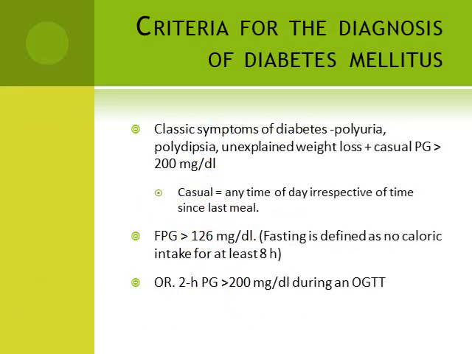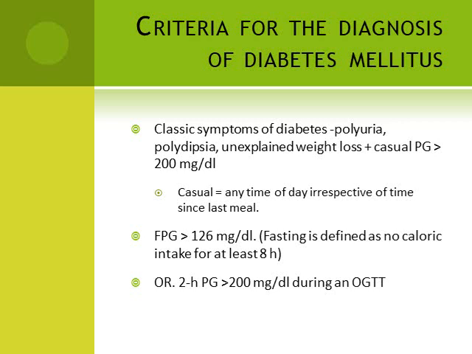Now we come to the diagnosis of diabetes mellitus. The diagnosis of diabetes is made when the patient presents with classical symptoms, that is polyuria, polydipsia, unexplained weight loss, and upon checking his blood glucose casually, the levels are beyond 200 milligram per deciliter, as we discussed when we were learning about the definition of diabetes.